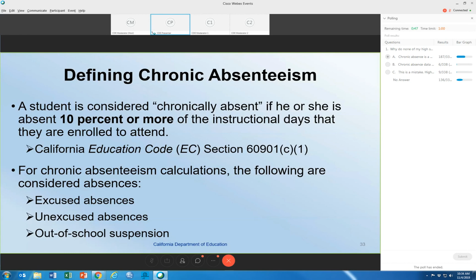Yes, so before we move forward, I just want to let everybody know, because I do know there are some people, high school folks, who might want to log off, so we should have probably said this right after suspension. So we will be releasing the chronic absenteeism data tomorrow. We will be sending an email out, and it will come to you probably by noon, so please do not call us before 12 o'clock.